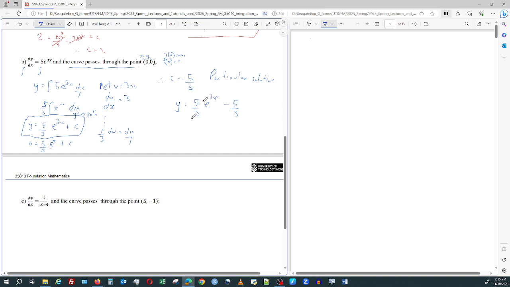So that's our particular solution, given the initial value problem that we were set up for. Okay, so if you differentiate this, you'll get this original thing back. And yeah, it's fairly straightforward, but I'll leave you to do that check.